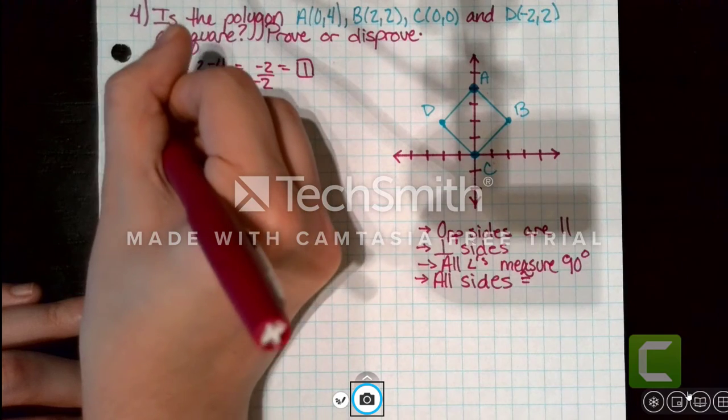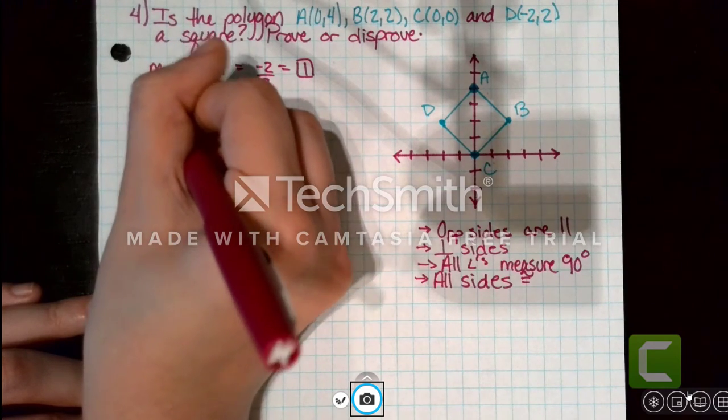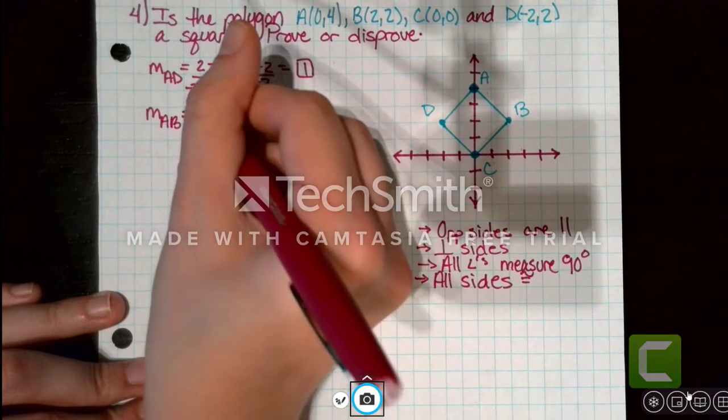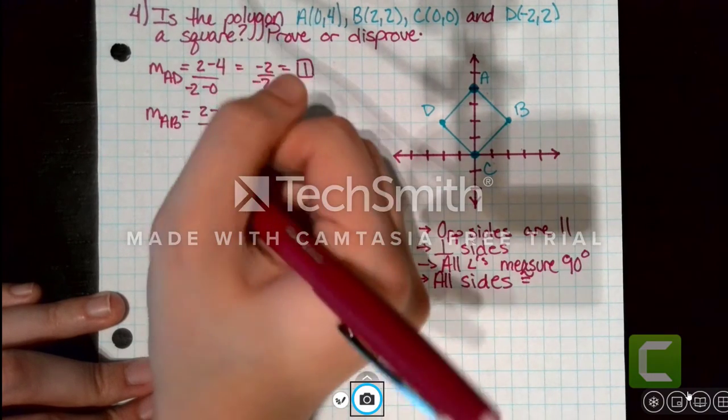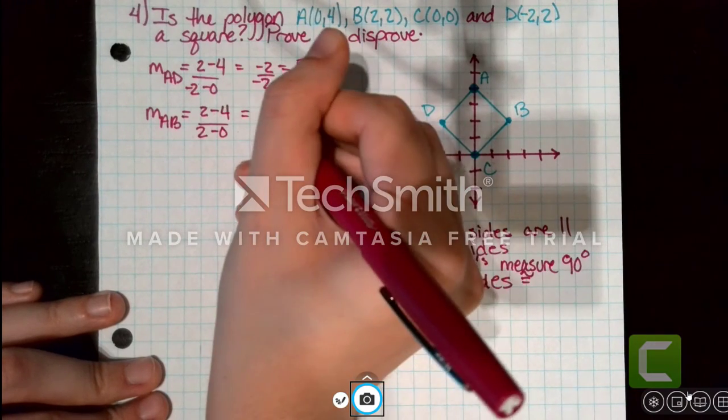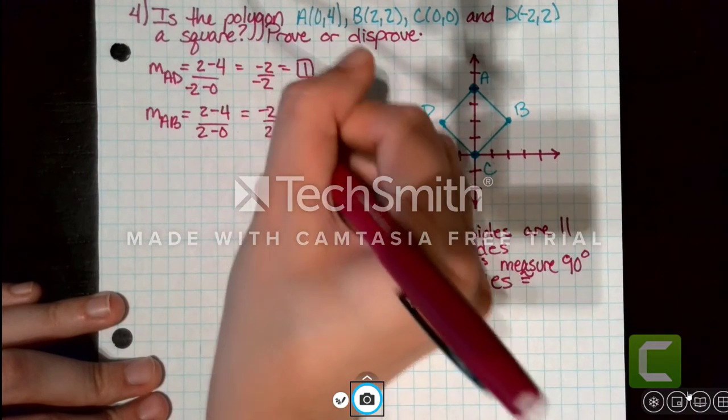The slope for AB is equal to 2 minus 4 all over 2 minus 0 to get us a slope value of negative 1.